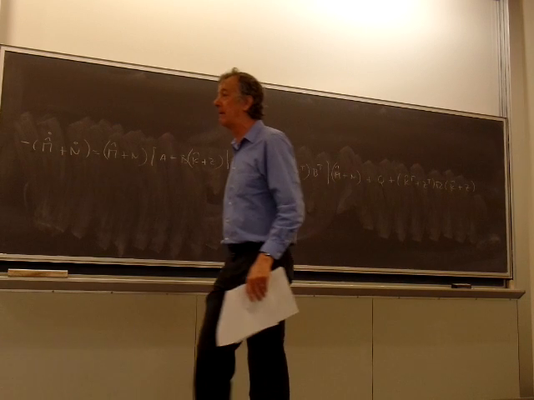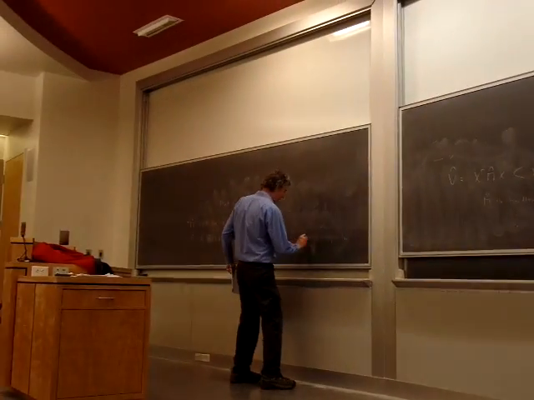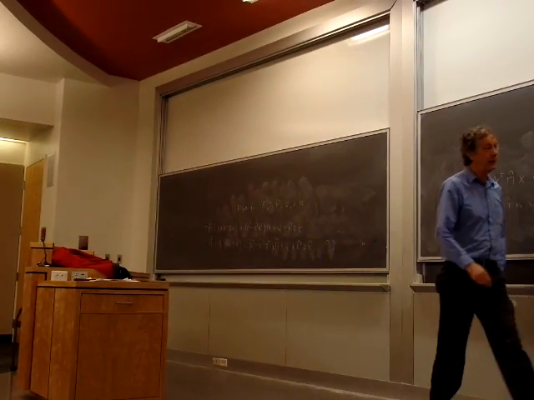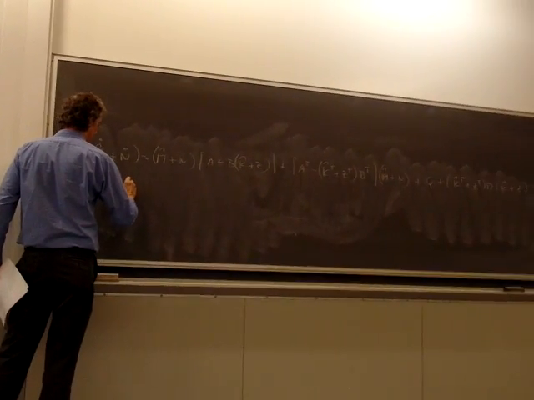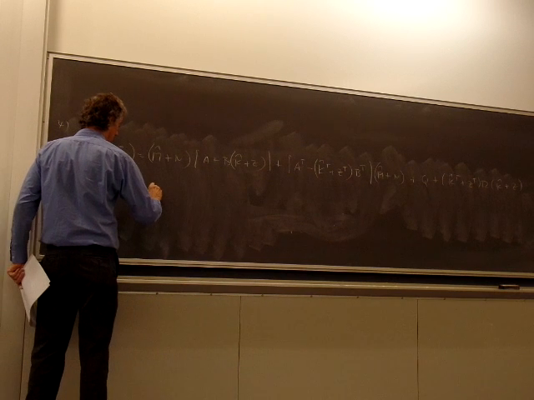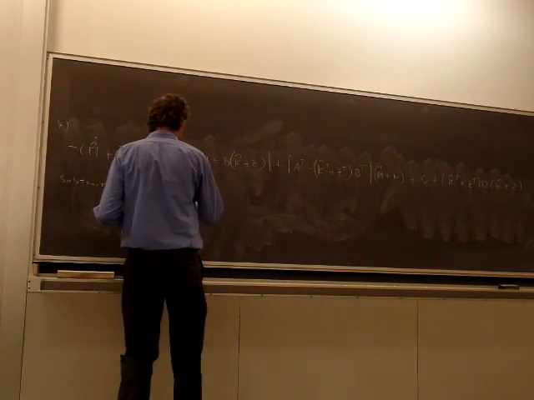So what I can do is take this function and subtract it. Let's call this one equation 3, and this equation 4. Subtract 3 from 4, and what I end up with is a differential equation for m.